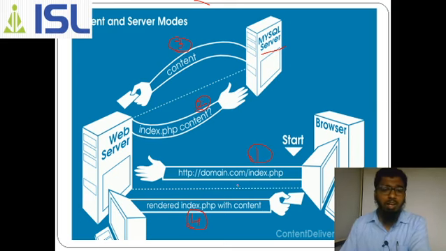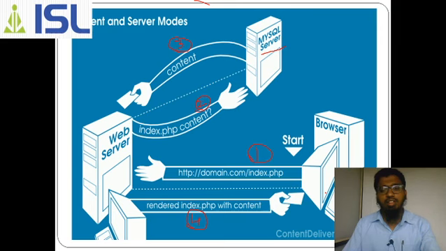Clear? So if you have data in the database, we get the data from there and send it to the client. So this is all about the client and server architecture. In detail you can learn this in the computer network subject. Okay, this is a basic idea.